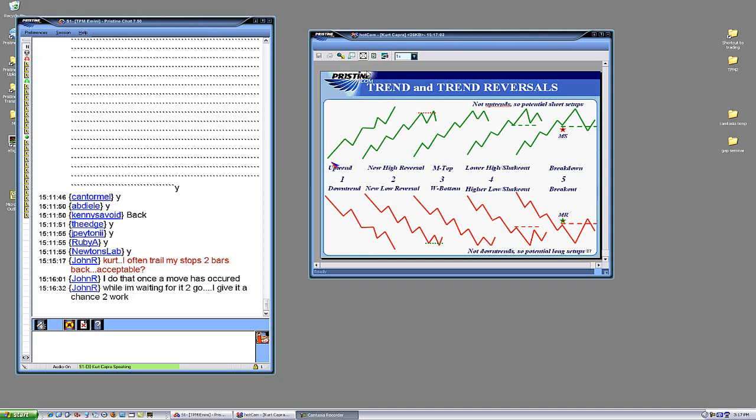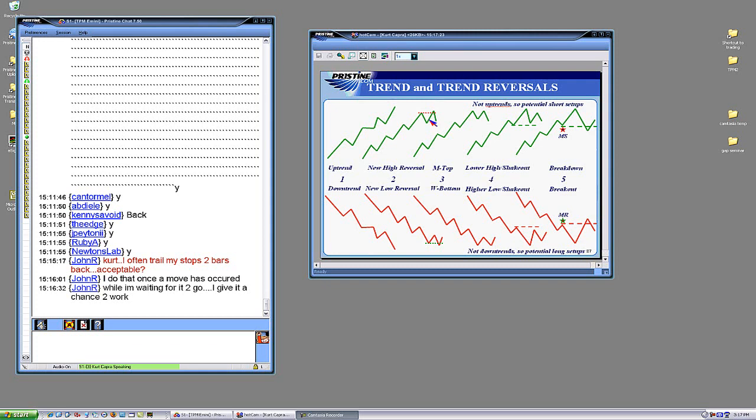So here we have a clear uptrend. No problems here. Higher highs, higher lows, consolidations that break out. Everything's looking good. In example 2, we have a nice uptrend, but then we get a new high reversal, a new high that reverses back down in a deep retracement.